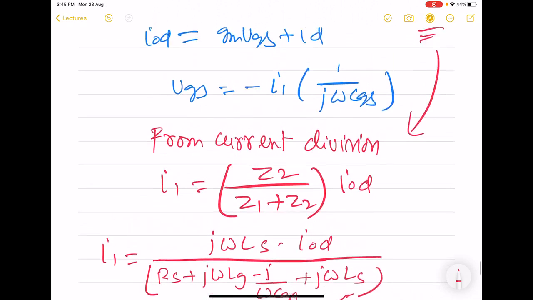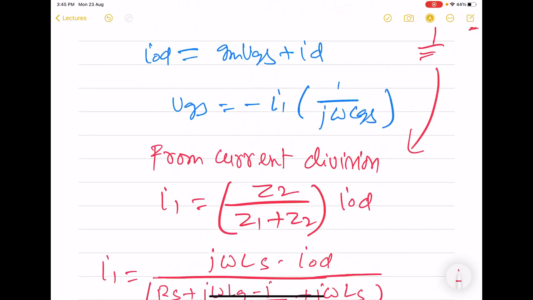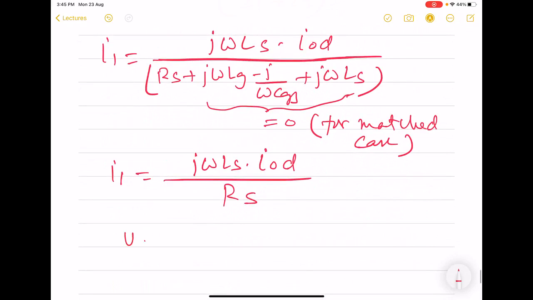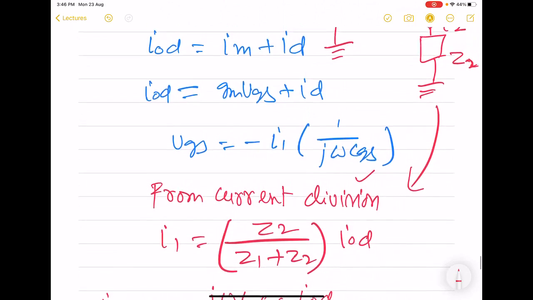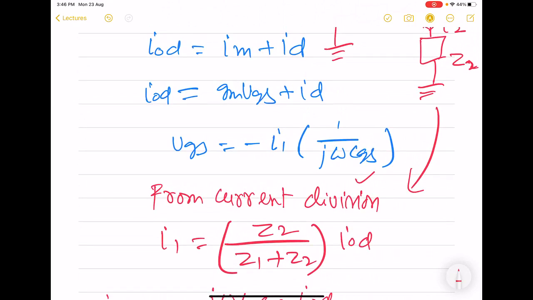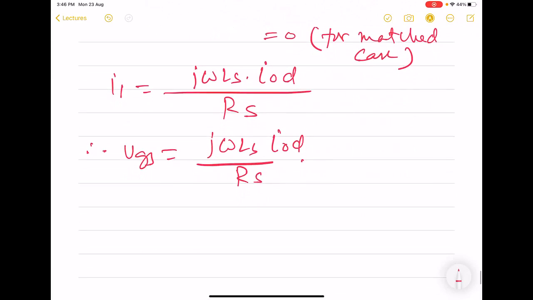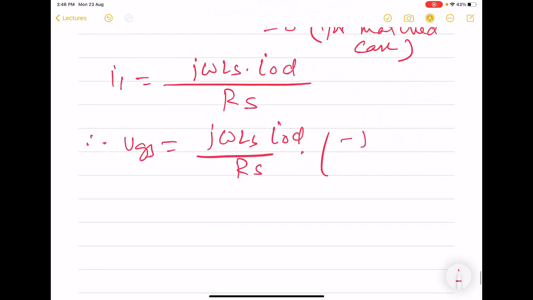Now we can use this expression to find out what VGS is going to be here. Therefore VGS is j omega Ls IOD by RS, minus j divided by omega CGS.